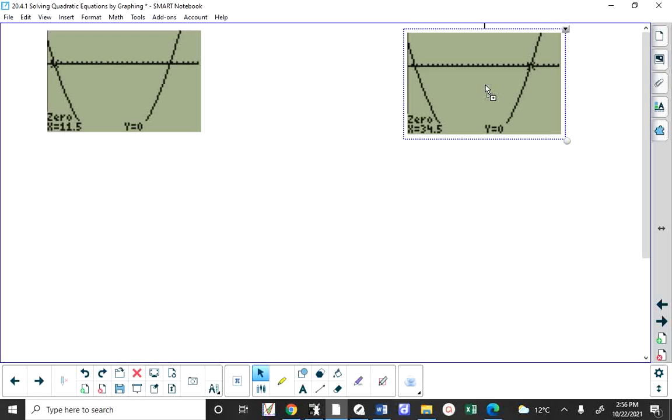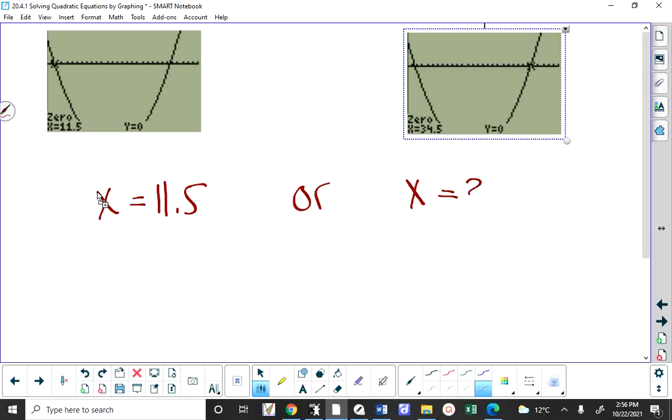It doesn't matter. It does matter. This equation has two solutions for x. Okay? X can be, in the equation, 11.5 or 34.5.